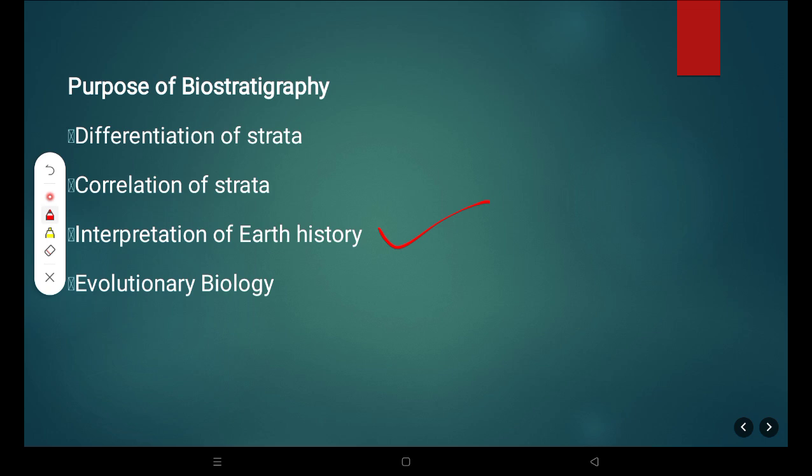By studying fossils, we can say, for example in ammonites, there are different types of sutures. We can see the orthocerae as very simple, depicting the ancient forms, and the goniatites and others depicting the more advanced forms. Like that we can study evolutionary biology.